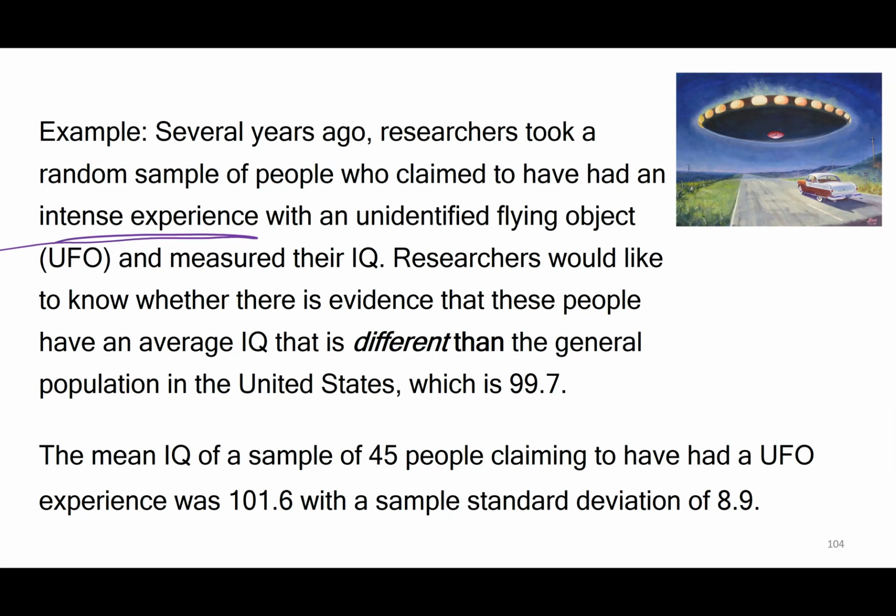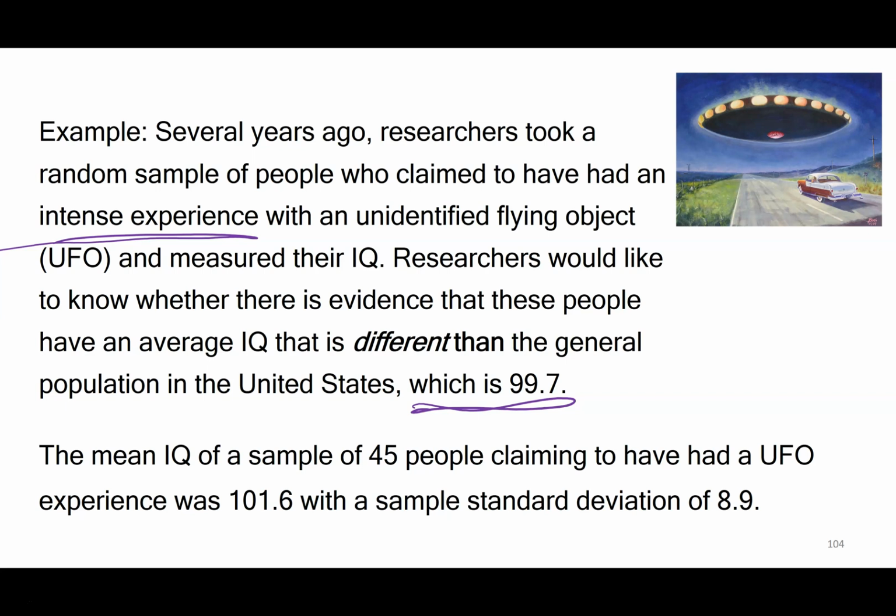So researchers want to know if there's evidence that folks that report having an intense UFO experience have an IQ that's different than the general population. So in the U.S., the accepted or known average IQ in the U.S. being 99.7 IQ points.